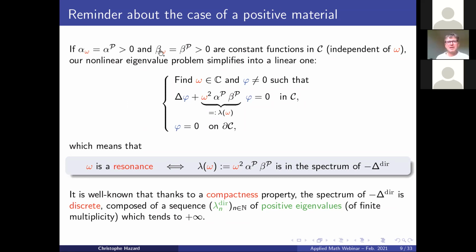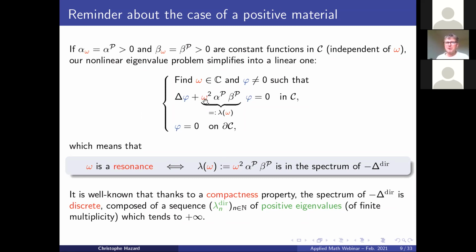alpha and beta are equal to alpha_p and beta_p, which are constant functions in the cavity, independent of omega. And in that case, my nonlinear eigenvalue problem simplifies into the linear eigenvalue problem which is shown here, just my Helmholtz equation in the whole cavity.